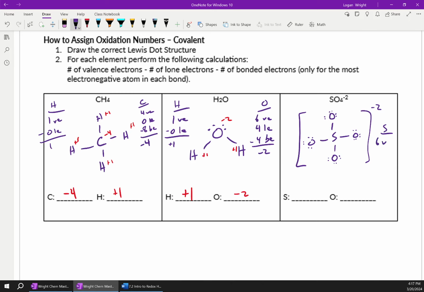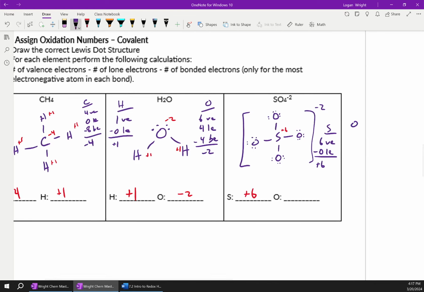So I start out with 6 valence electrons, and I subtract 0 lone electrons, and then I don't even deal with the bonded electrons because it is less electronegative. I end up with +6 for my sulfur. +6, +6. My oxygen, because all of the oxygens are the same, I'm just going to come outside over here. I have 6 valence electrons. I'm only working with 1 oxygen at a time, so 1, 2, 3, 4, 5, 6, minus 6 lone electrons.